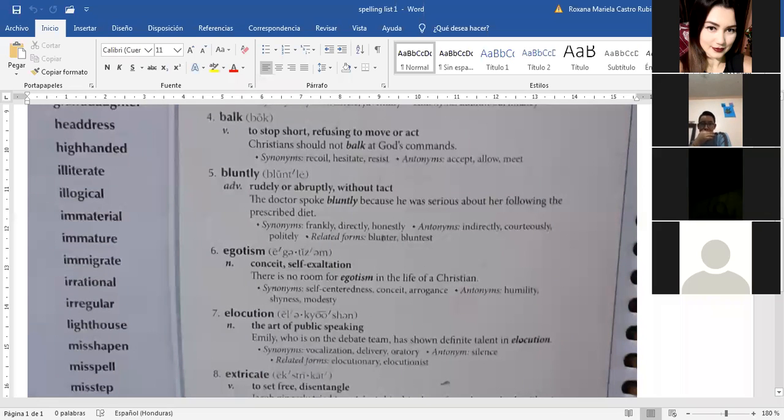My friend shows egotism, puede ser. Remember that egotism is a noun. So, remember that a noun can be an object. You can say, my friend has egotism. Or my friend shows egotism in some moments.